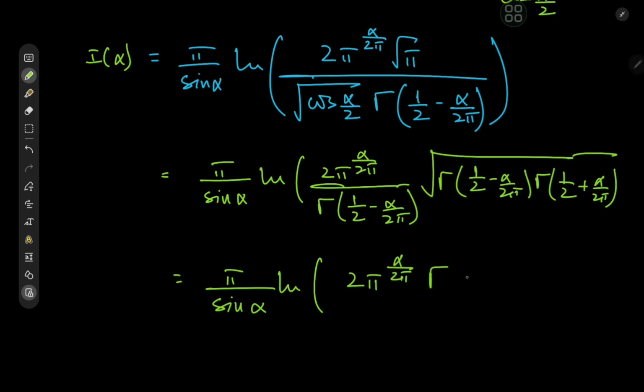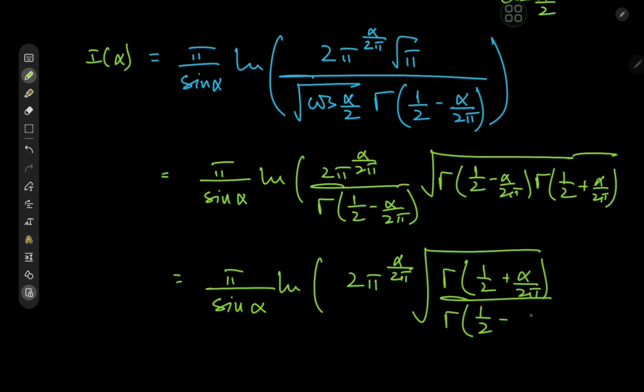Well, we're just left with the square root of gamma 1/2 plus alpha by 2 pi divided by gamma 1/2 minus alpha by 2 pi, which looks absolutely insane, and we could simplify it just a little bit more.